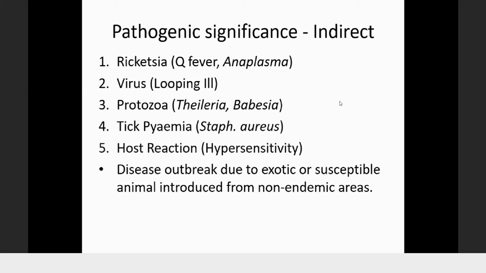Different ticks have the ability to transmit different pathogens. And then there is also hypersensitivity due to tick saliva. Okay, I think I explained this before in a previous lecture already. And then disease outbreaks due to exotic or susceptible animals introduced to non-endemic areas.